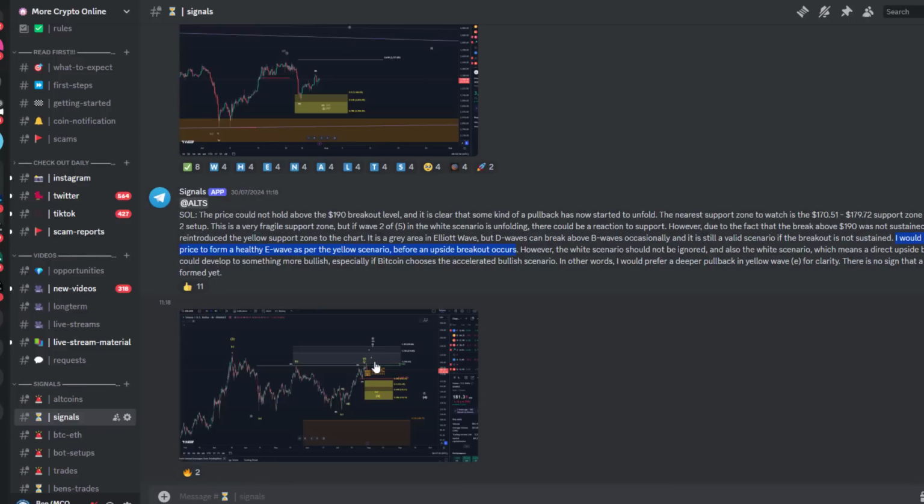So I always say, don't care so much about my own preference. Maybe a bit of an educational moment here. The levels are objective, and I tend to have a preference for certain wave counts. I do show you my preferred counts. Sometimes it's a bit of a misconception that people think, okay, if he shows 2 counts and the one that he doesn't prefer works out, the analysis doesn't work.